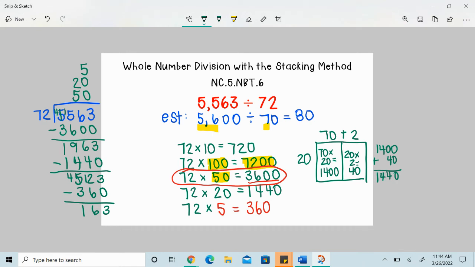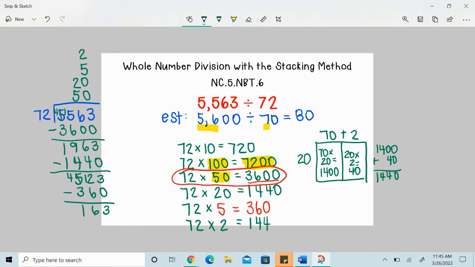Now, similar to my thinking before, I think my next partial quotient could be 2, because 72 times 2 is going to give me 10 times less than 72 times 20. And 72 times 20 was 1,440. And I know 10 times less than that is 144. So 72 times 2 is 144, meaning 2 can be my next partial quotient.